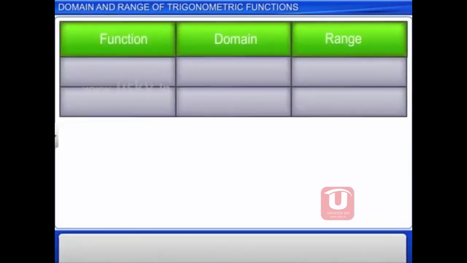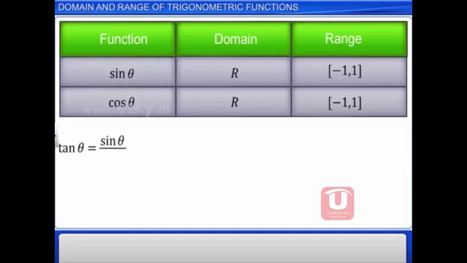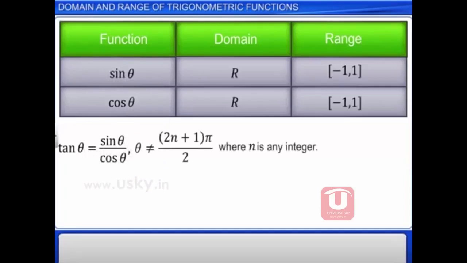In other words, the domain of sin theta and cos theta is the set of real numbers, and their range is the closed interval minus 1 to 1. Now, tan theta, which is equal to sin theta divided by cos theta, is defined when cos theta is non-zero.